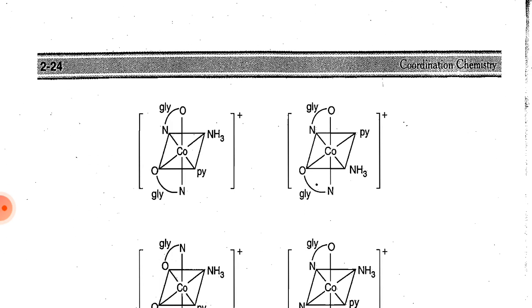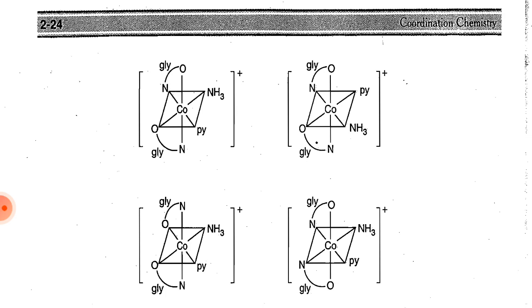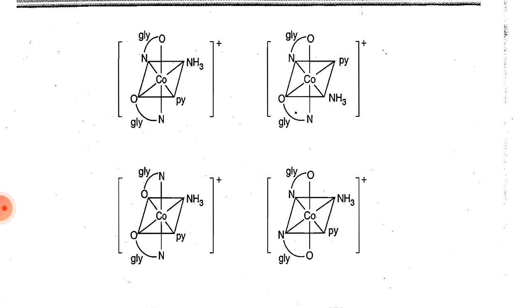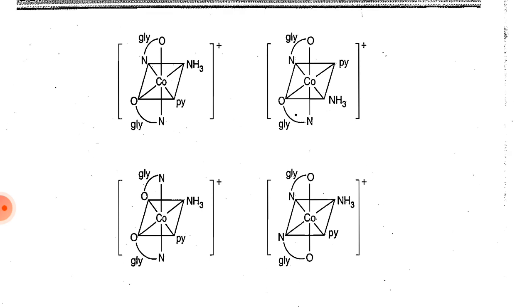Here, in the first, the N atoms are opposite to each other, and the O atoms are adjacent to each other.